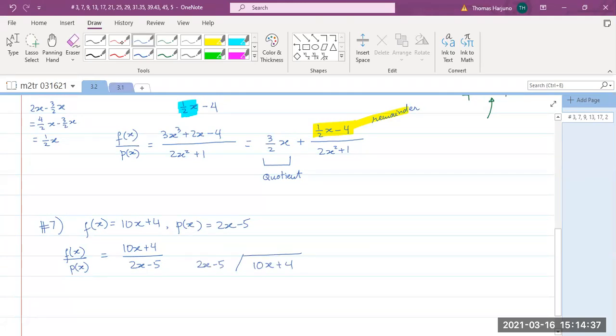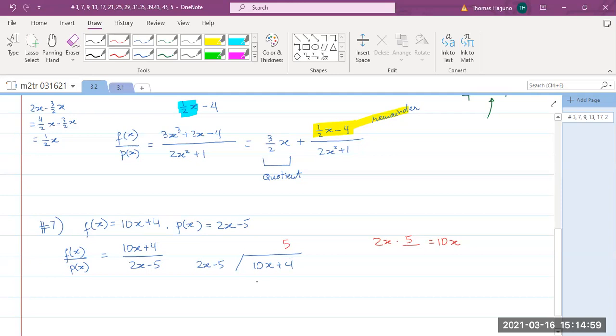We ask ourselves, 2x times what equals 10x? Now this one is easy. It's multiplied by 5, right? But the 5 is degree 0, so I need to put that 5 above the constant on the long division.